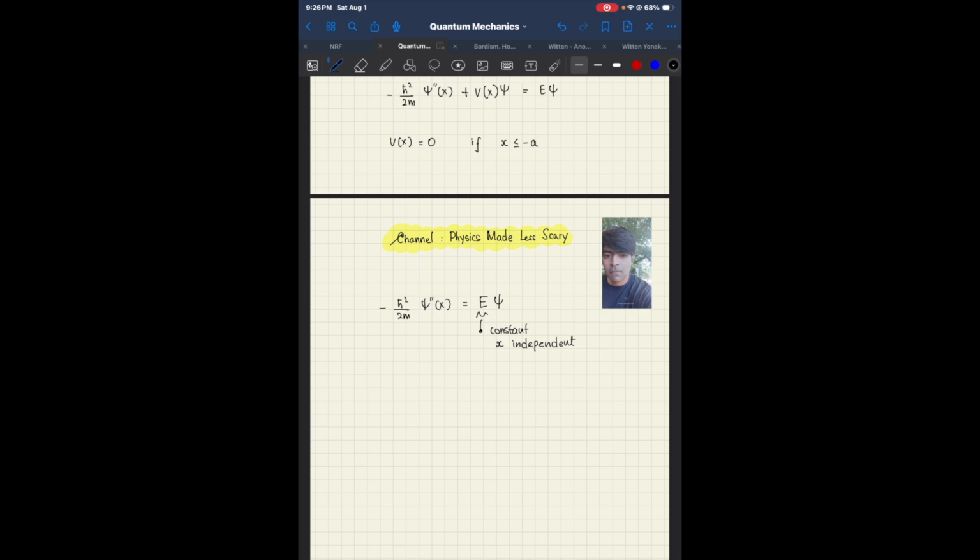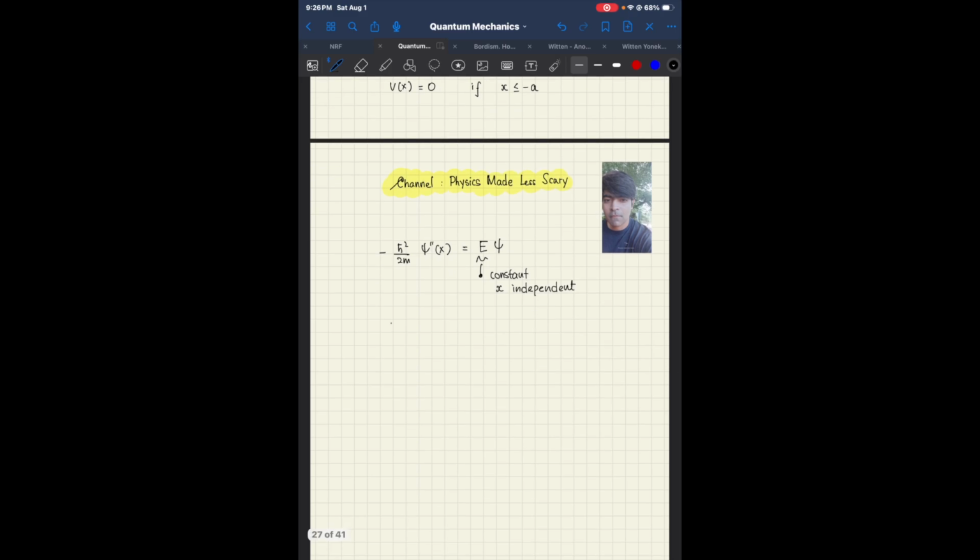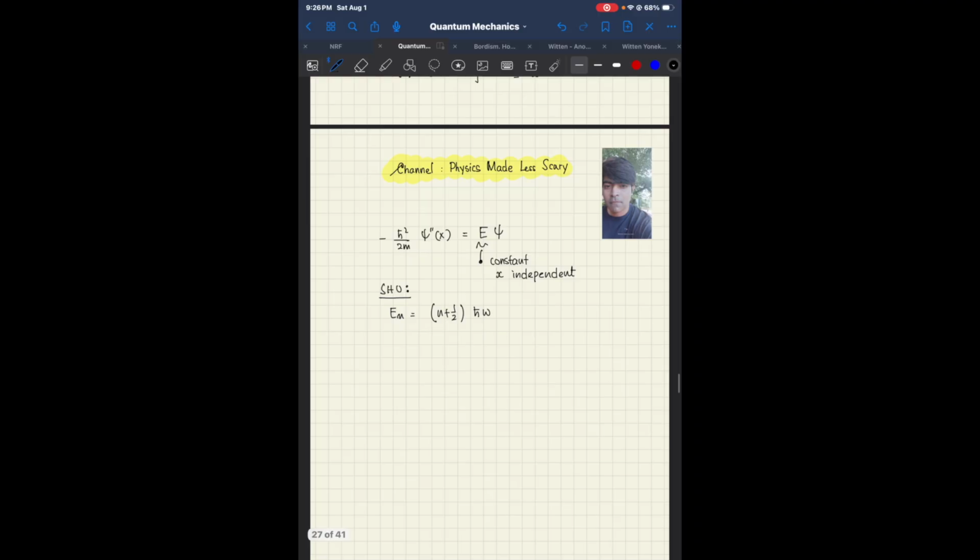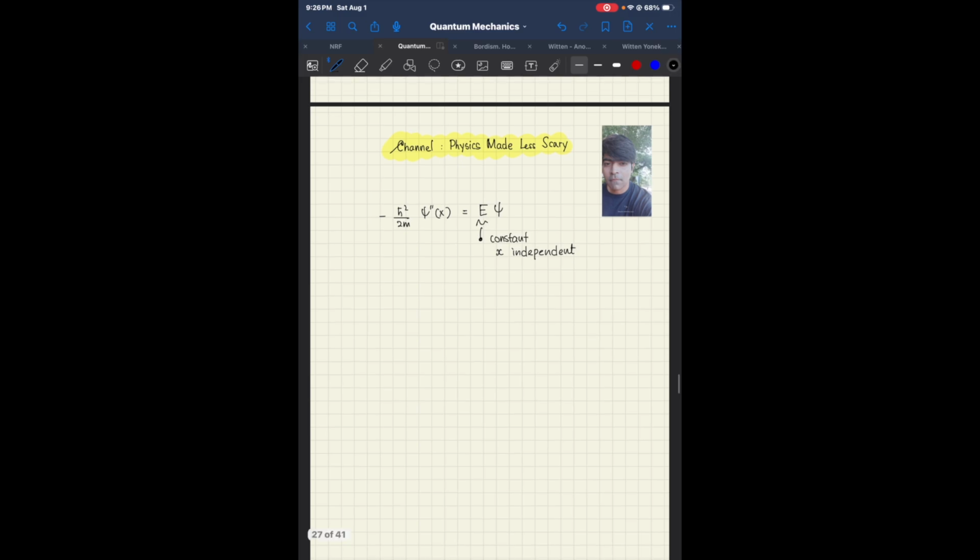For example, we have seen this already in the simple harmonic oscillator, your E_n was x independent, right? Good. This was for SHO, the simple harmonic oscillator. Great. So let me rub this. This equation is actually very easy to solve, right? Why is that?